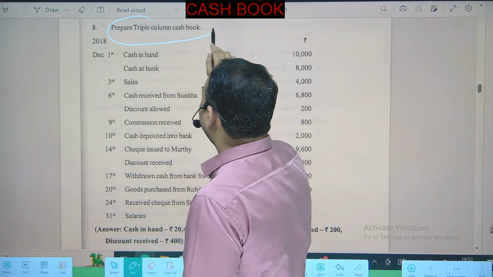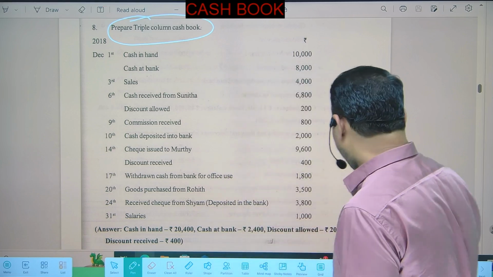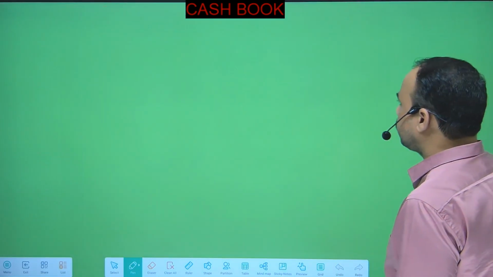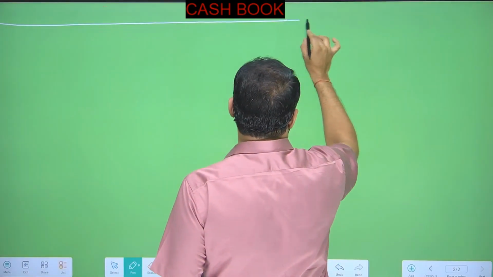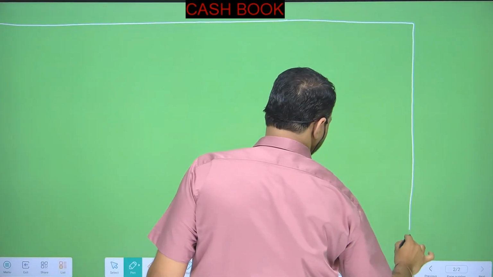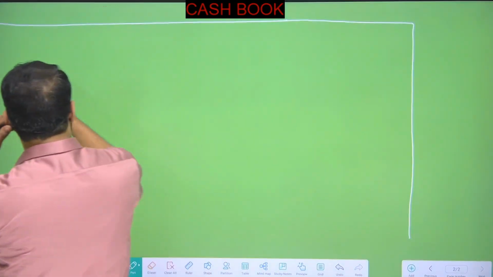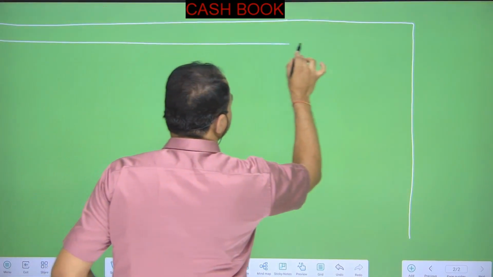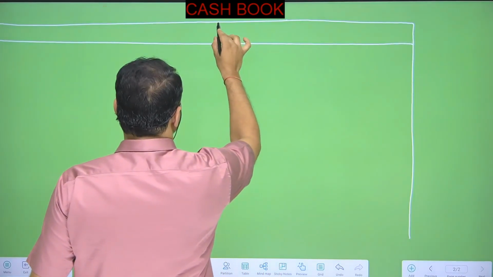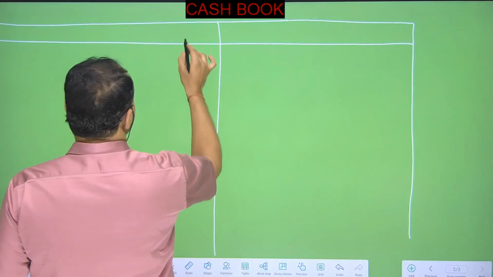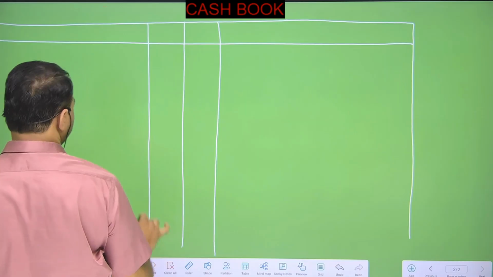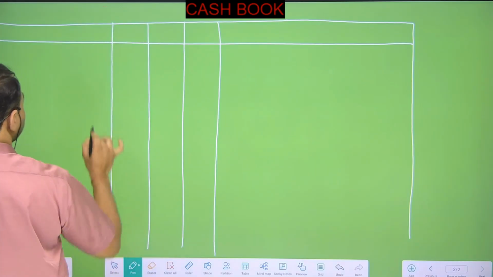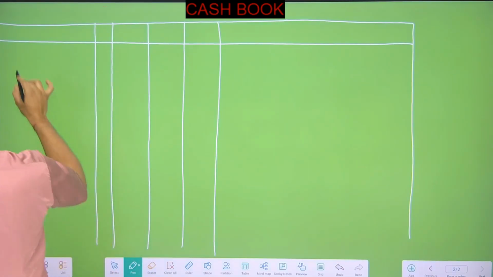So, triple column cash book. We have to draw three columns here, debit side and credit side. I will draw the format. This is for bank, discount, cash, LF, and one for date.